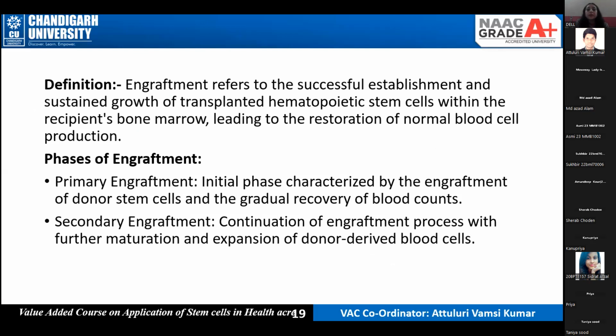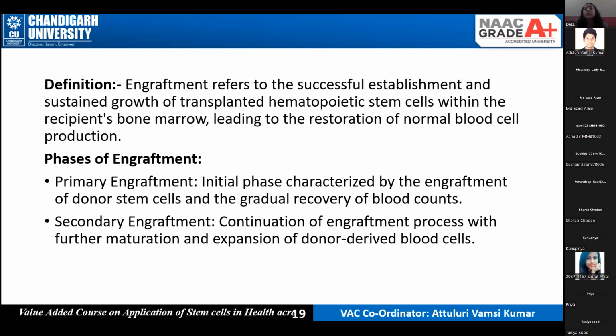First, the patient who has malignancy, or who suffers from leukemia or any cancerous condition or any genetic disorder, will go for the hematopoietic stem cell transplantation. After that comes the engraftment, after the successful transplantation or transfusion of hematopoietic stem cells.